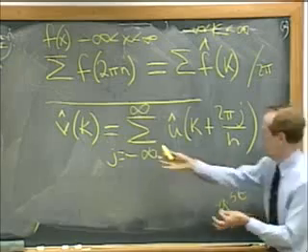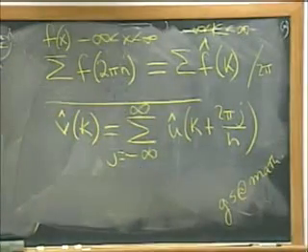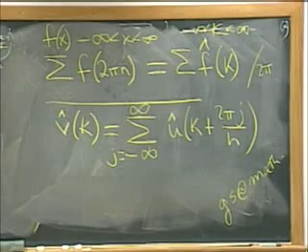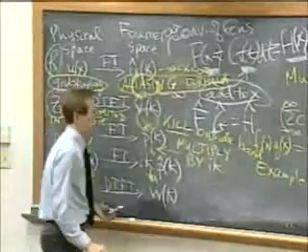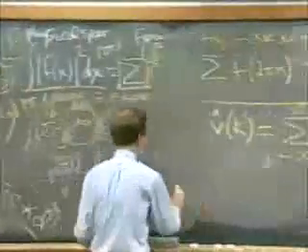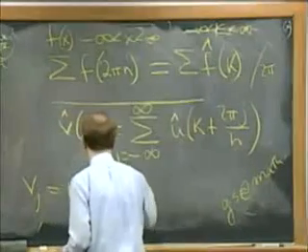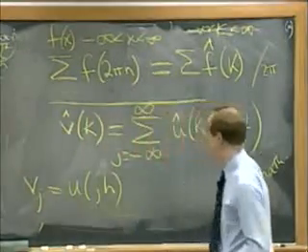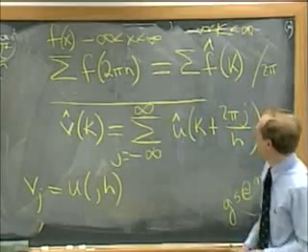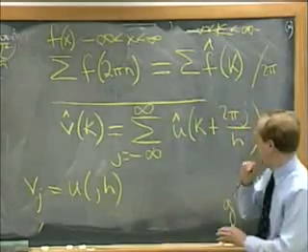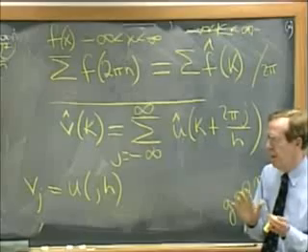And now remember what's going on here. The V's are the samples of the U. So the connection is that Vj is the U at jh. Sorry? Is the U the same as F? Well, okay, probably.